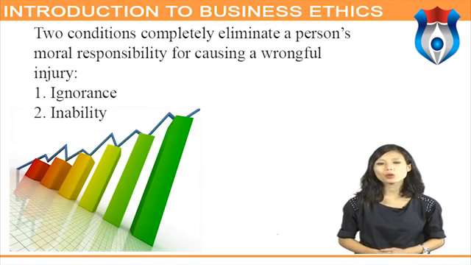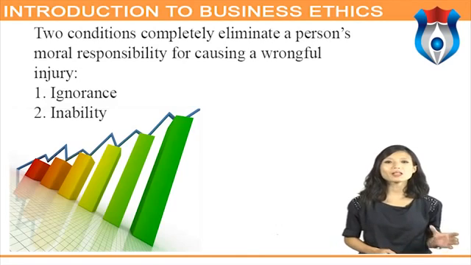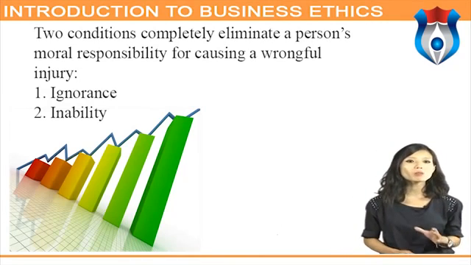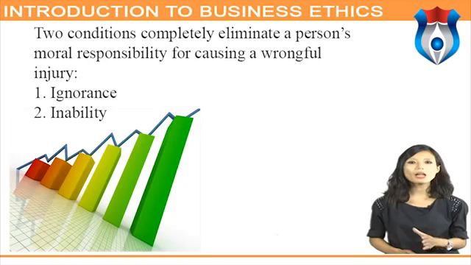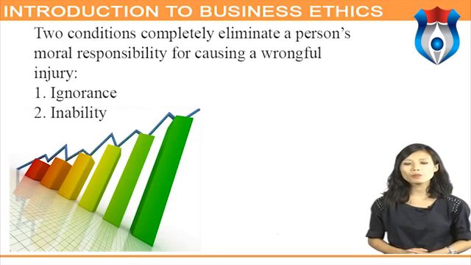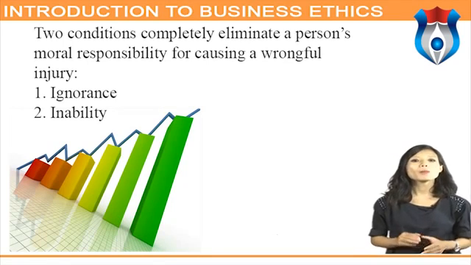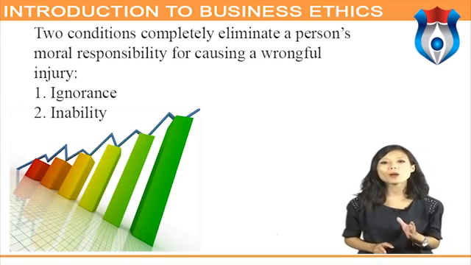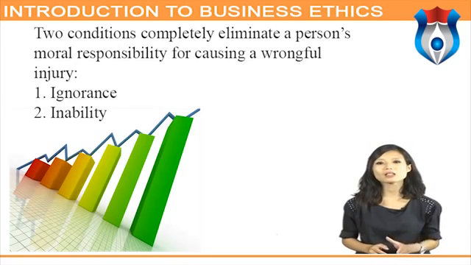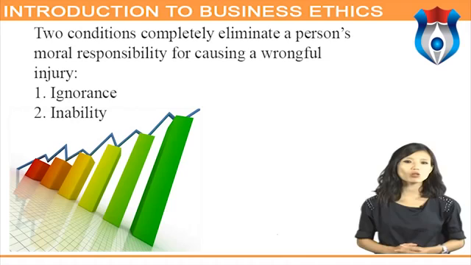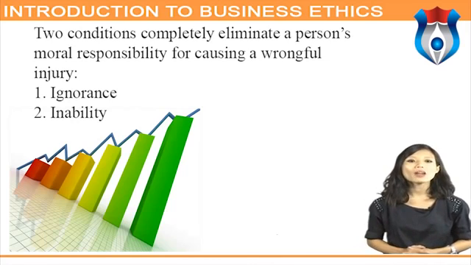These affect the person's knowledge. Circumstances that make it difficult but not impossible for the person to avoid doing it. These affect the person's freedom. Circumstances that minimize but not completely remove a person's involvement in an act. These affect the degree to which the person actually caused or helped to cause the wrongful injury.